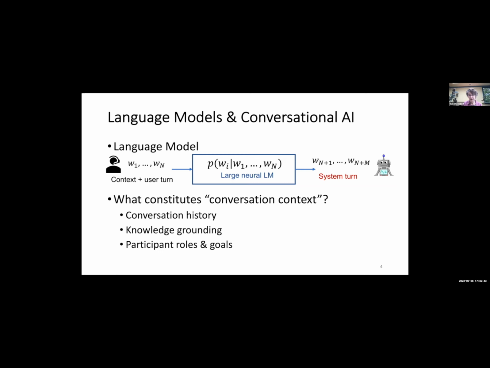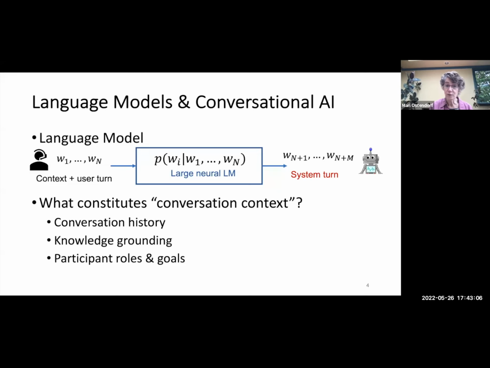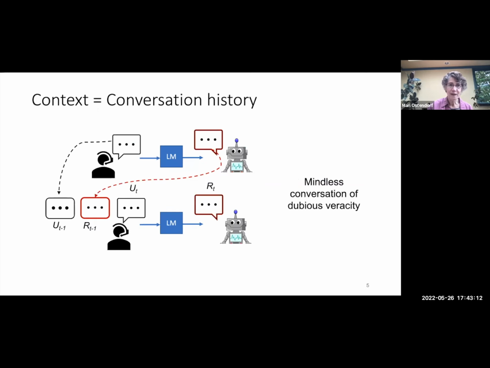Now, the whole point of the talk is conversation context. So what do I mean by conversation context? Well, the first thing that everybody thinks about is the conversation history, everything that's been said so far. In this community, people think about knowledge grounding, super important. And then on top of that, participant roles and goals.